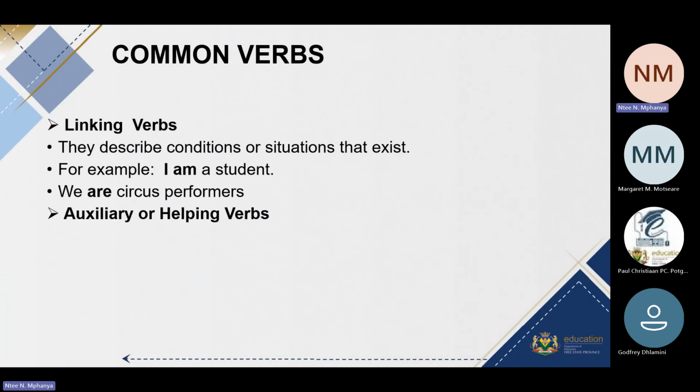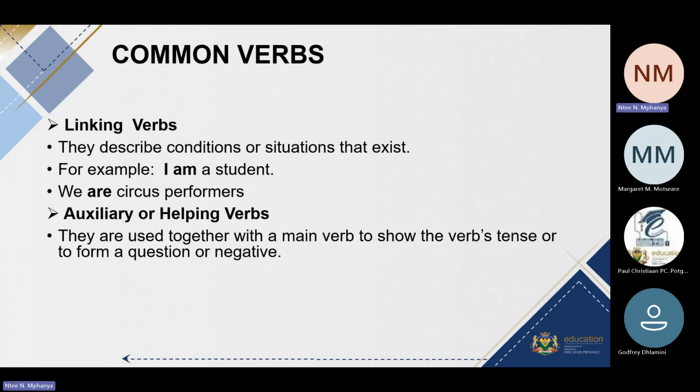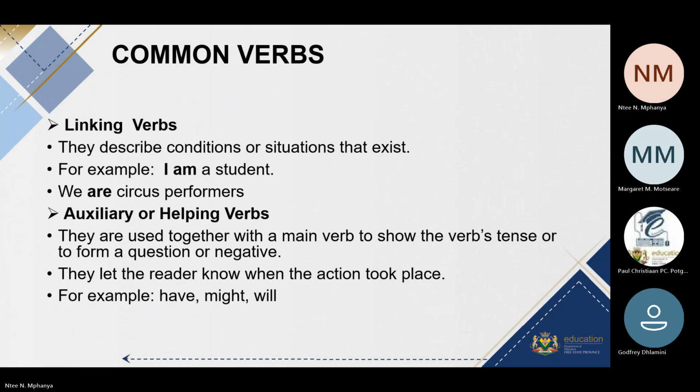Auxiliary or helping verbs. They are used together with a main verb to show the verb's tense or to form a question or a negative. They let the reader know when the action took place. Have, might, will. She will arrive tomorrow.